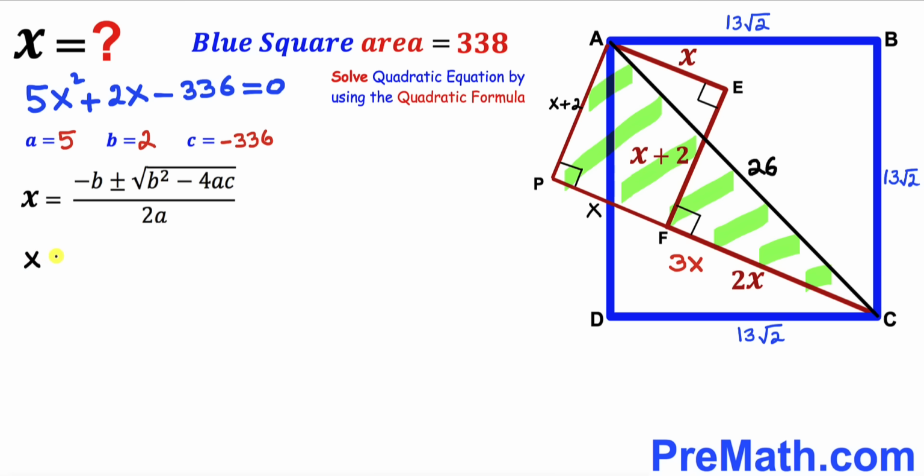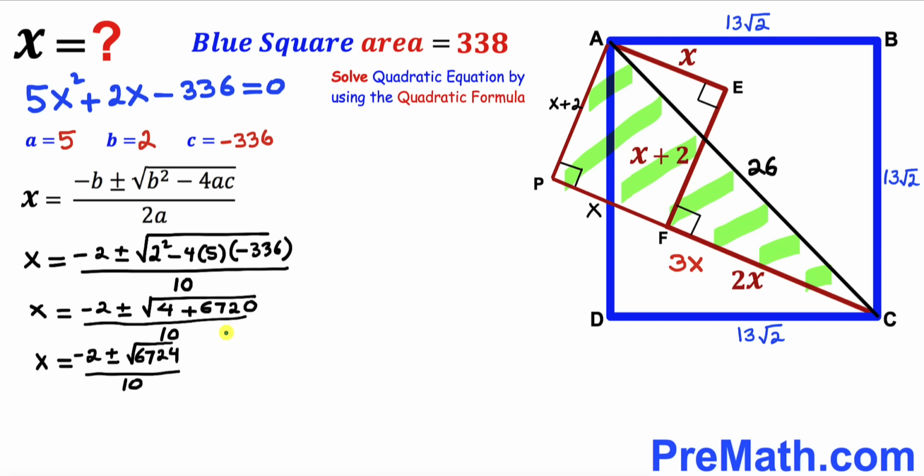So we are going to have x equal to minus b, which is negative 2, plus or minus the square root of b square, which is 2 square, minus 4 times a value 5 and c value negative 336, all over 2 times a, which is 2 times 5, giving us 10.